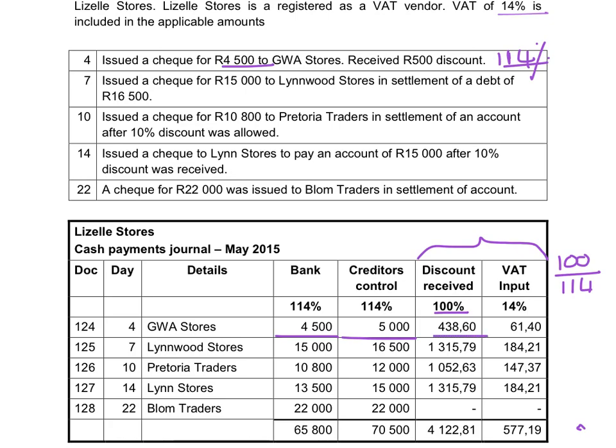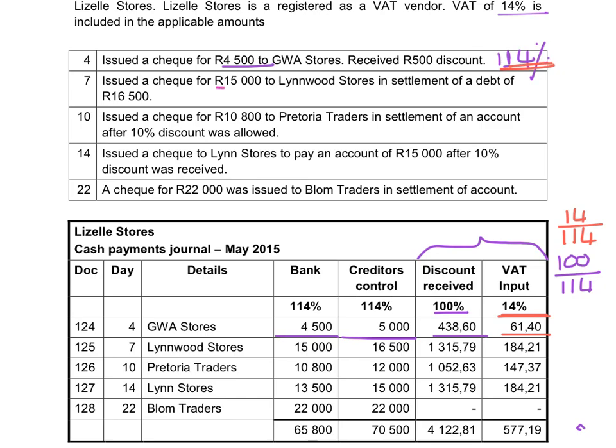If we want to calculate the VAT input, I take the 14% that we want to calculate, divide by 114%. So the one that I want, 14, divided by the one that we know, 114, and that will give me 61 Rand 40 cents.